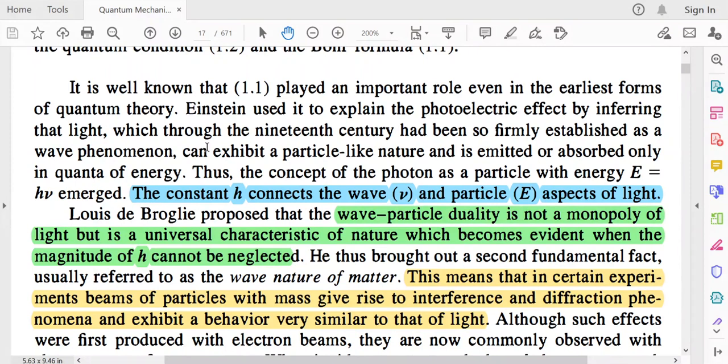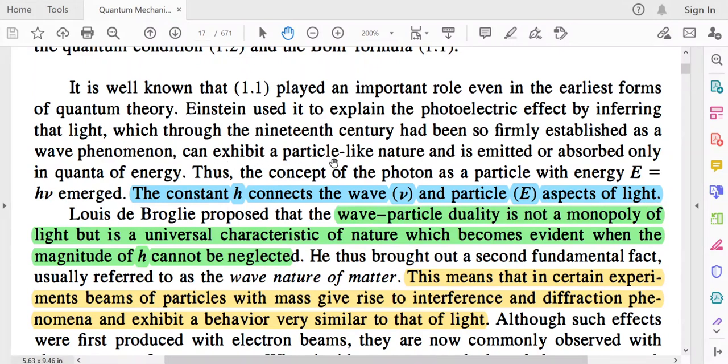During the 19th century, it was believed that light has only wave phenomena. But Einstein, through his photoelectric effect, for the first time interpreted that light also has particle nature.